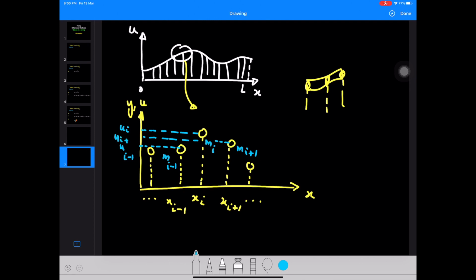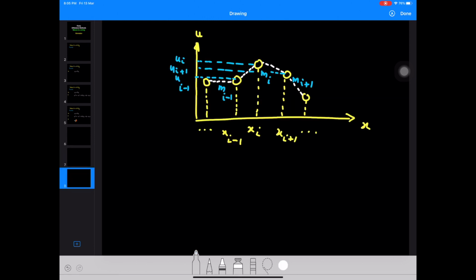and this will have a position ui plus 1. So to derive the equation for waves on a string, we assume that the string is discretized into discrete point masses, okay, and with elastic strings in between each mass.